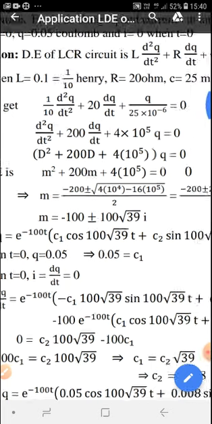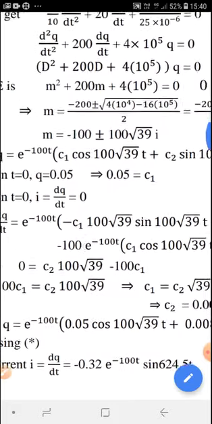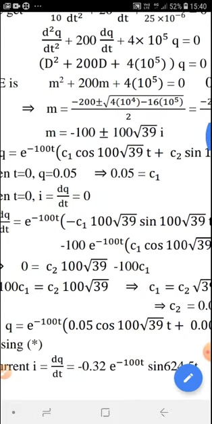Here a is 1, b is 200, c is 4 into 10 power 5. Substituting a, b, c in the formula for the root of the auxiliary equation, we get m. And on calculation, finally m will be equal to minus 100 plus or minus 100 into root of 39 i. Roots are complex with the real part alpha as minus 100, beta as 100 into root 39.